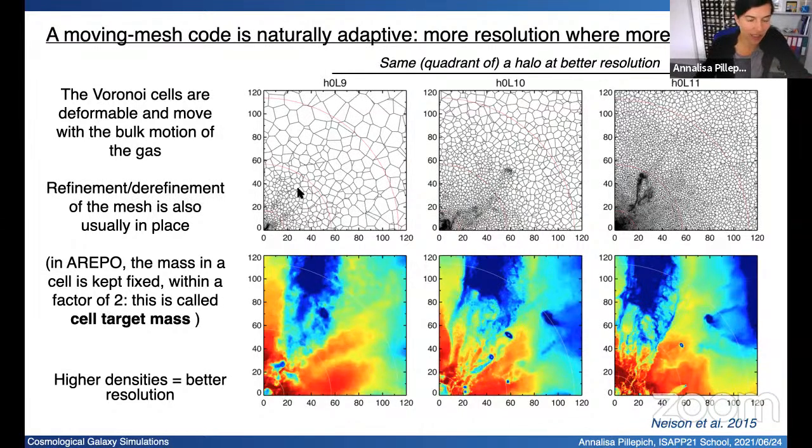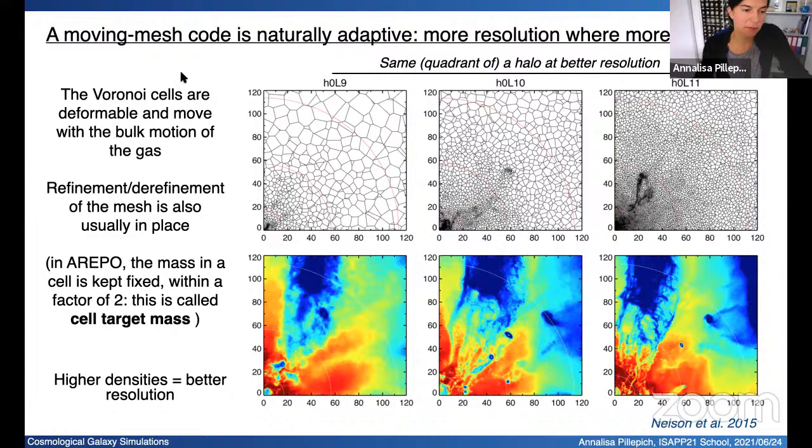But what I want you to see, so what we keep fixed at this level is the target mass, the mass that the Voronoi cells are meant to contain. And in the next levels, we make this target mass smaller. And then you can see the cells are smaller, but they also are smaller and smaller where the density is higher and higher.